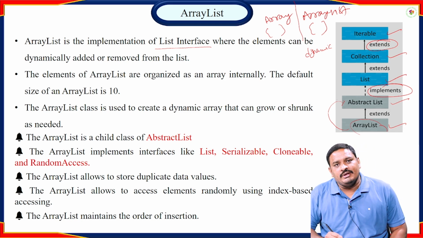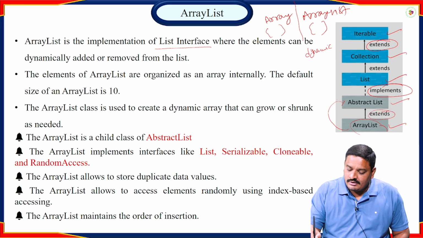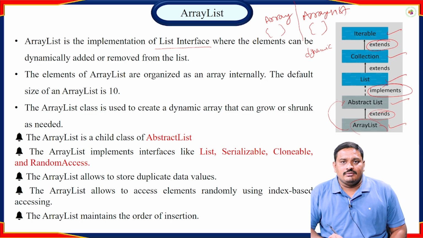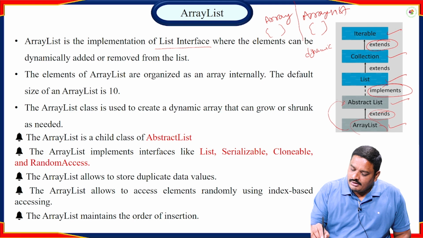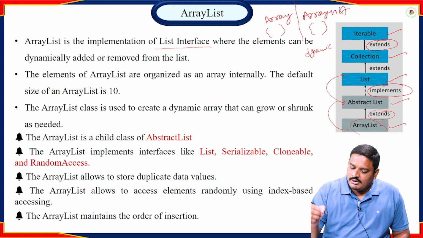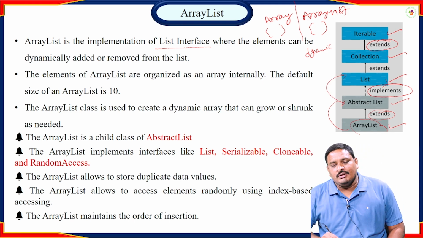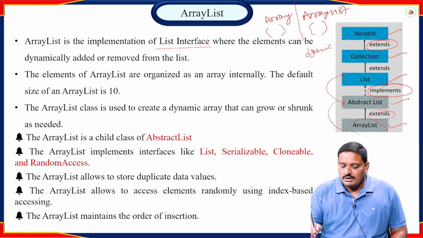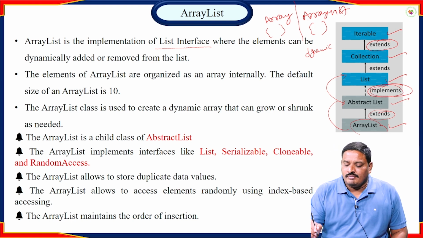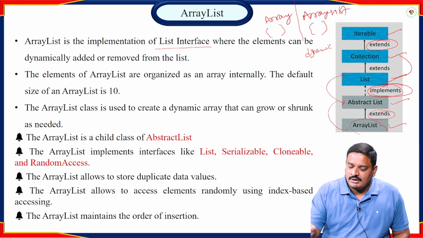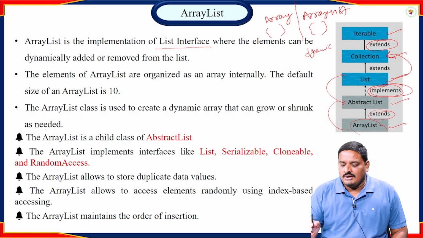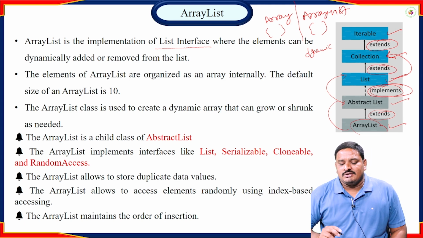When a class implements an interface, we use the implement keyword. An interface can extend another interface; we use the extend keyword.